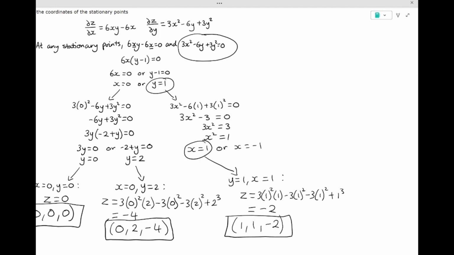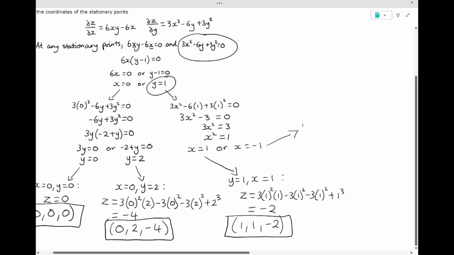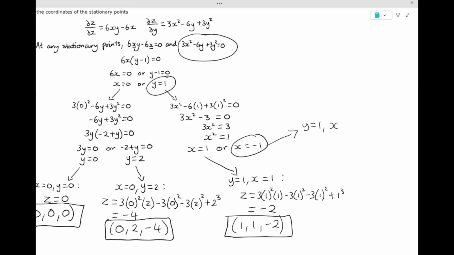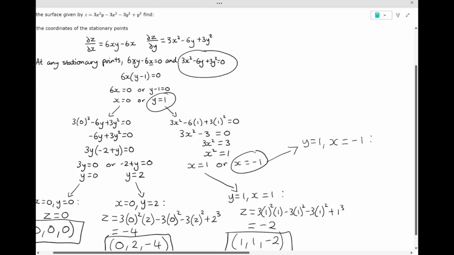So we got one final scenario to consider, and that is this one here, off the x equals negative 1. So remember where this came from. It's off the branch of y equaling 1, but also x equals negative 1. So we're now going to have to substitute both of these values into z.